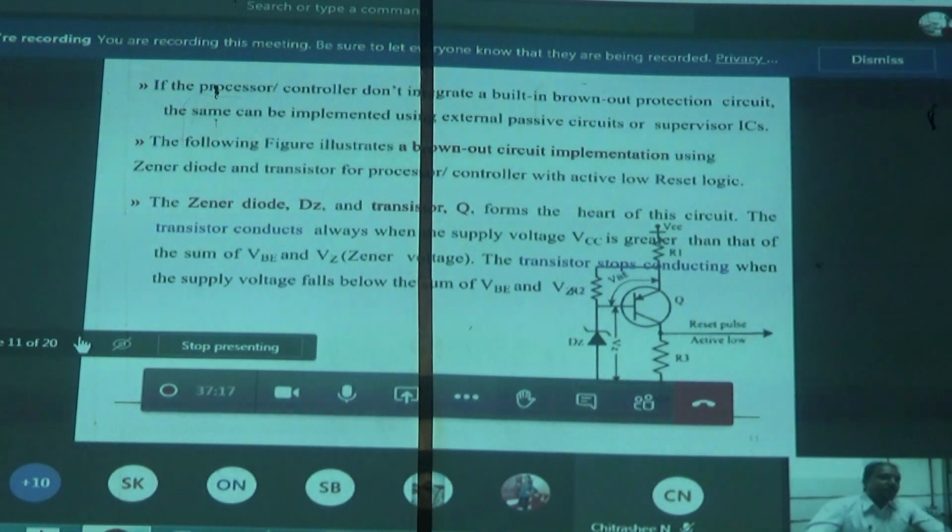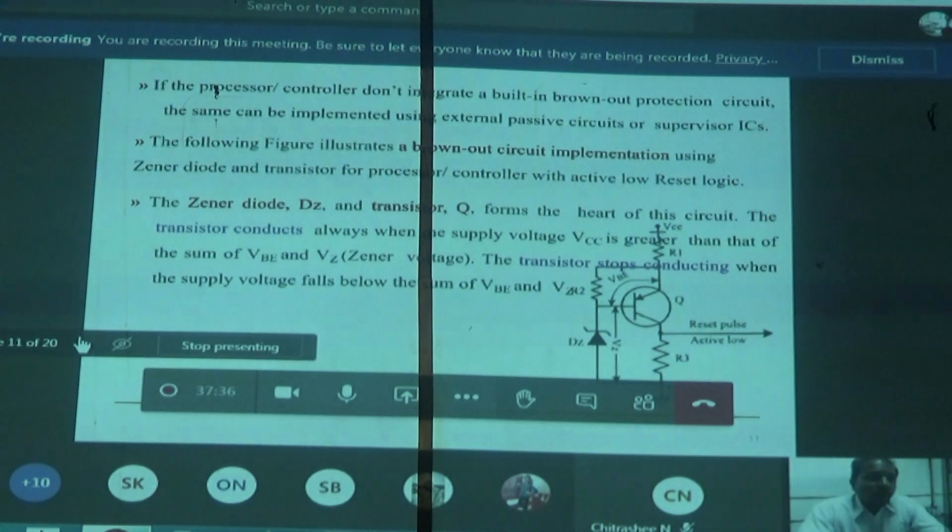Now this is the circuit diagram that represents it. If the processor or controller doesn't integrate a built-in brownout protection circuit, the same can be implemented using external passive components or supervisor ICs. I told you that most devices come with brownout circuits. If it is not available, you can connect it externally.